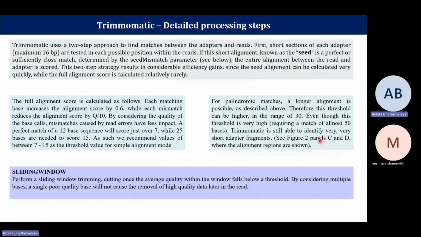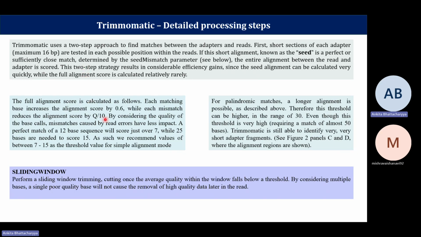I don't want to get into all of this detail, but basically, we discussed how the trimming process actually takes place. You have an initial small alignment, which is called a seed, followed by checking the alignment between the read and the adapter, which gets scored.